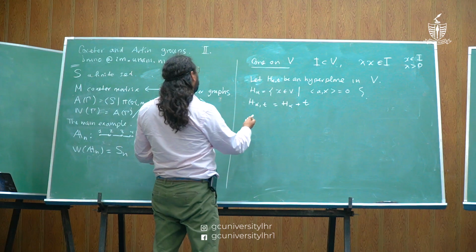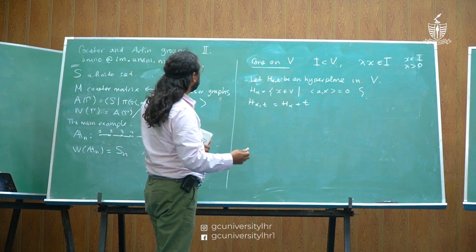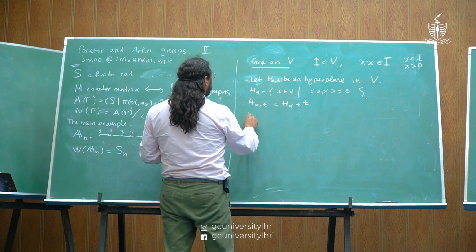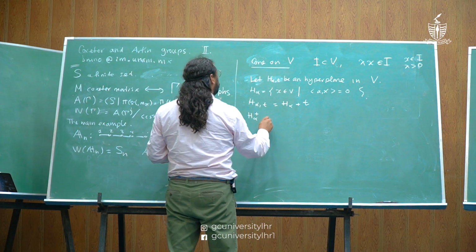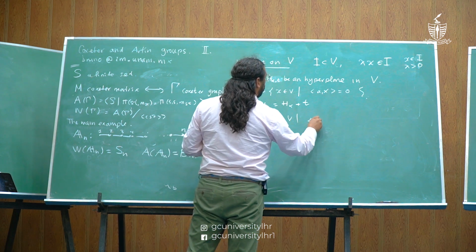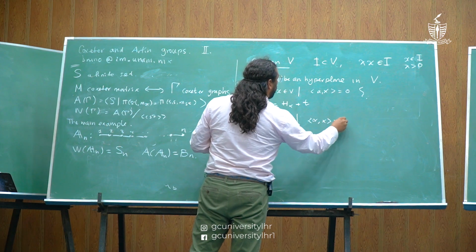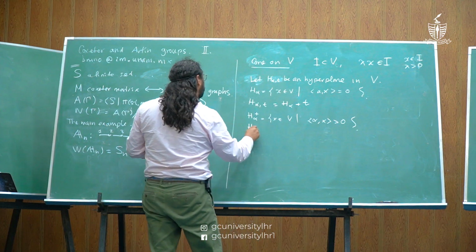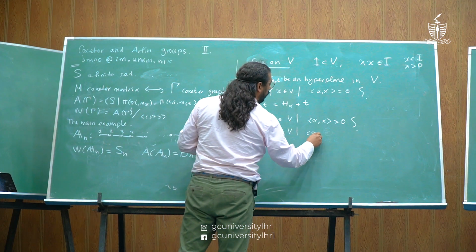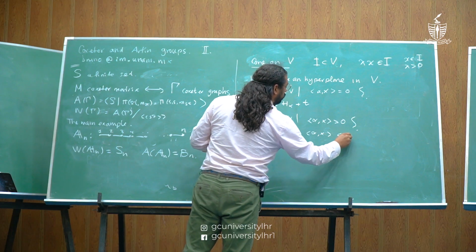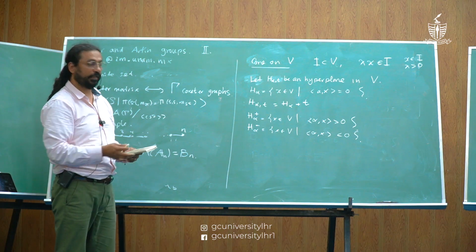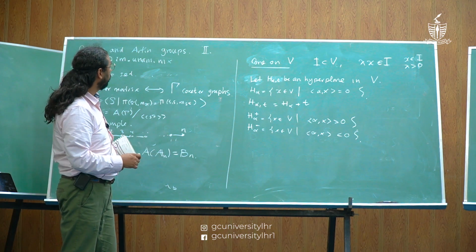Okay? So in this way I can express any hyperplane, right? And so I can divide the space in two parts, no? The positive part, and the negative part, and then I can do the corresponding translation.